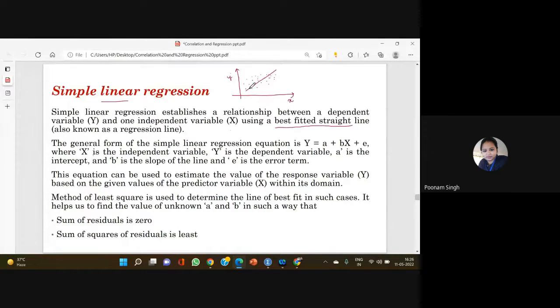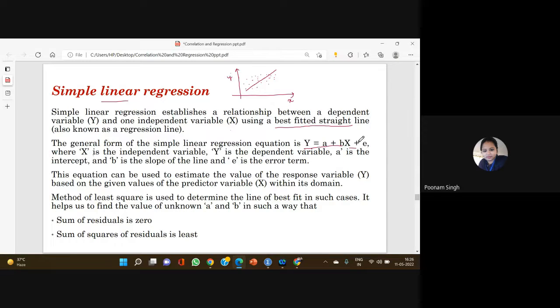Okay. Through a best fitted straight line, which is used for prediction purposes, the general form of simple linear regression equation is y equals a plus bx plus e, where y is the dependent variable, x is your independent variable, a is the intercept, and b is the slope of the line.